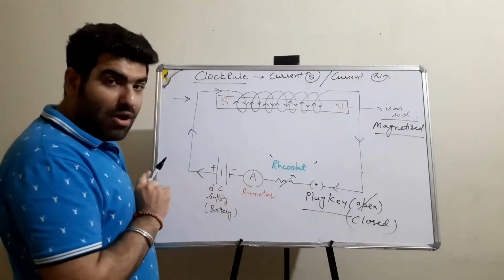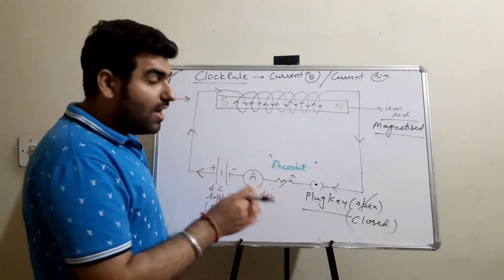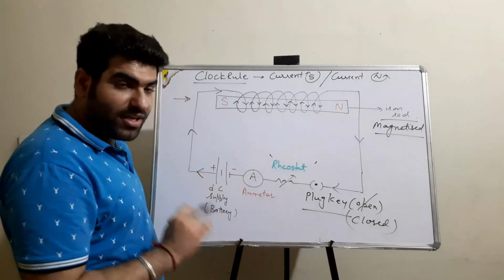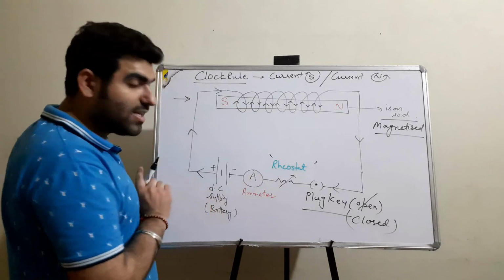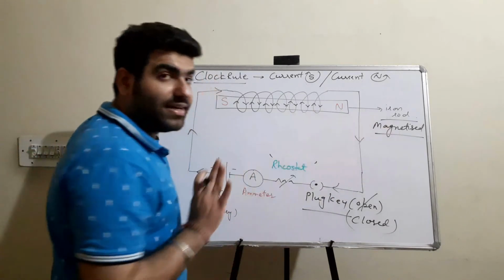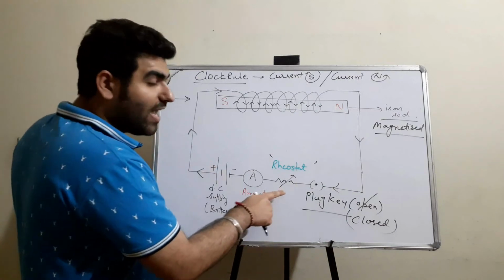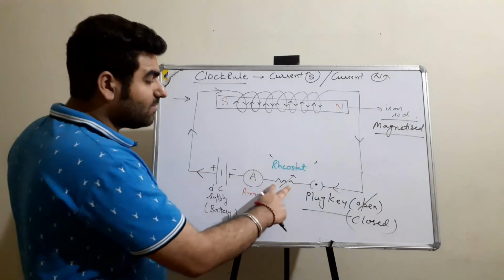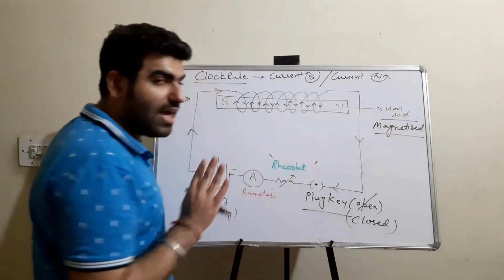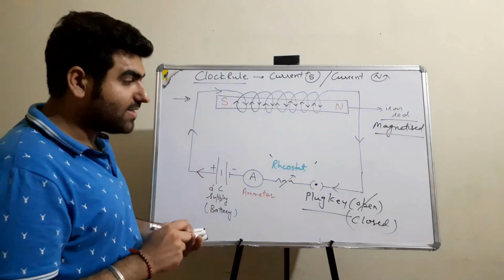I will increase the amount of current, and that is done with the help of the rheostat. This rheostat will help us increase the amount of current. If the current increases, the magnetism will increase. Again, if we want to reduce the magnetism, this rheostat will help us reduce the amount of current, and thus reduce the magnetism.